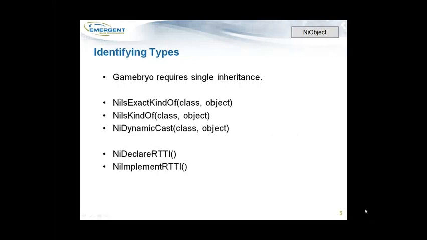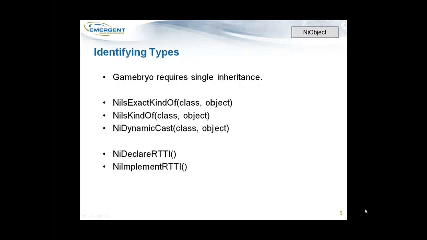By requiring that Gamebryo be single inheritance in all the classes that the renderer knows of, we can keep type identification fast. IsExactKindOf is very, very fast, and IsKindOf and DynamicCast are relatively fast. So you can use RTTI in a game without destroying your frame rate.